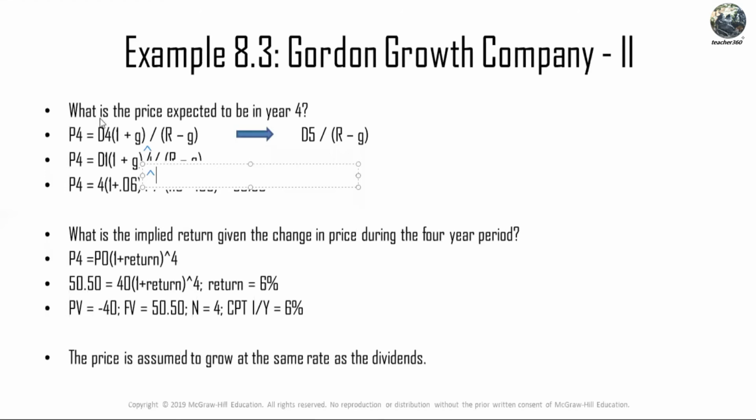So your dividend in year 1 is 4, your growth rate is 6%, and you multiply it 4 times, so power 4, divided by 16% minus 0.06, and you will get the price in year 4 as 15.50.